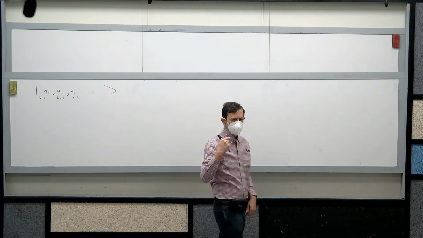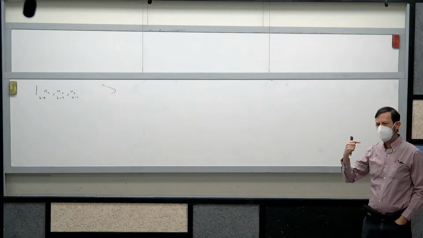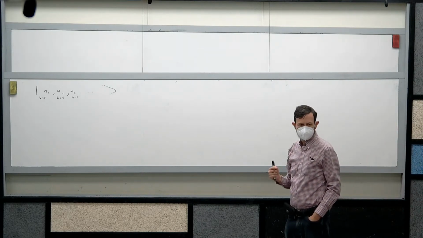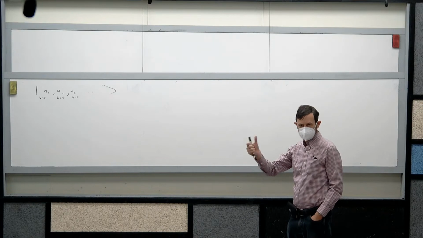If you remember, we did a Fourier transform, actually. What were our boundary conditions? They were cyclic boundary conditions.